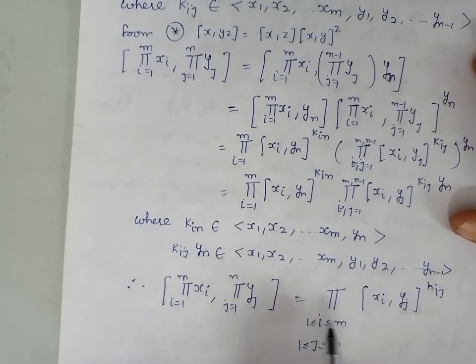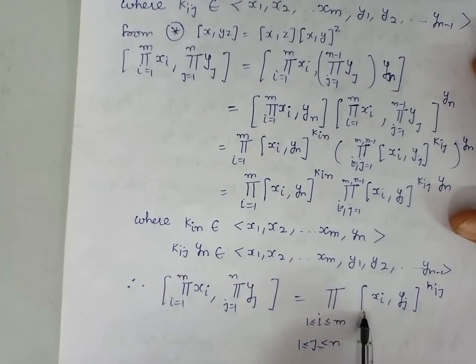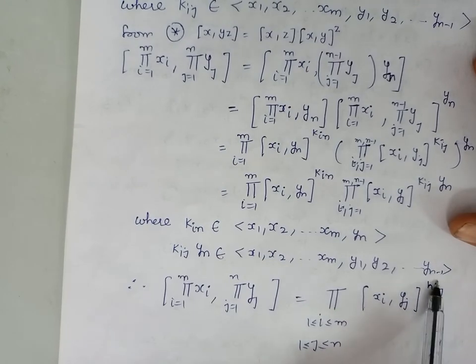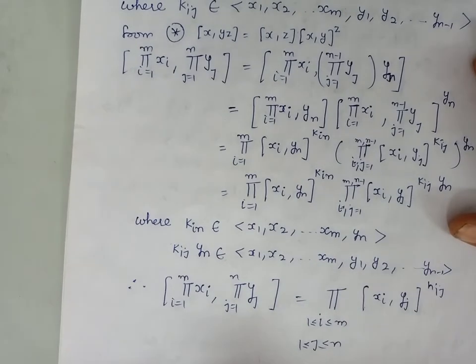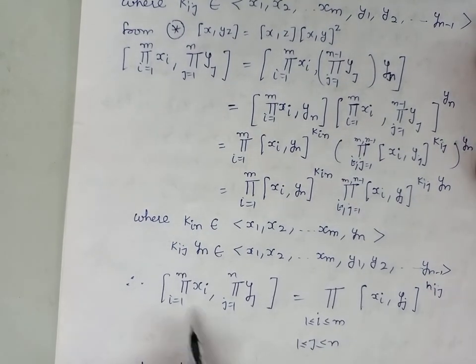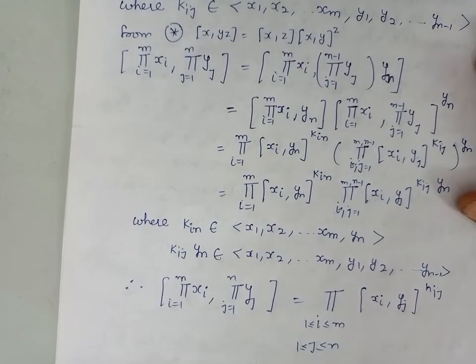This is given by the product of the commutators of xi with yj, in the power we have hij, and this hij belongs to the set generated by the elements x1, x2, x3 up to xm and y1, y2, y3 up to yn. So, this completes the induction, and hence the theorem is proved.